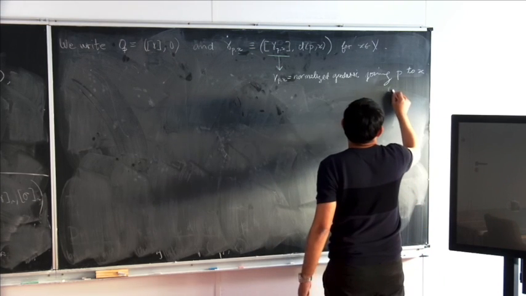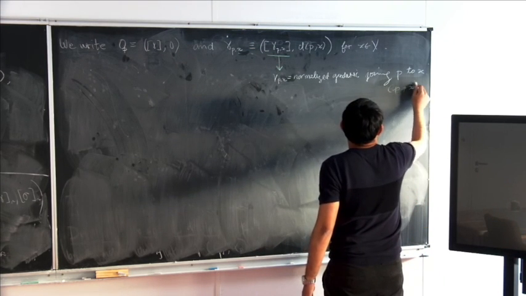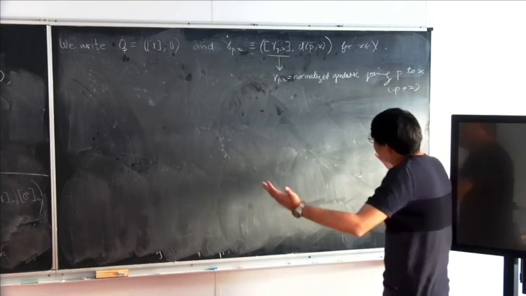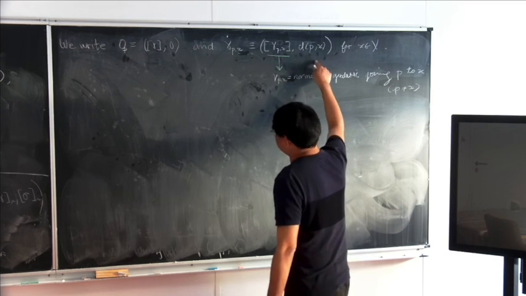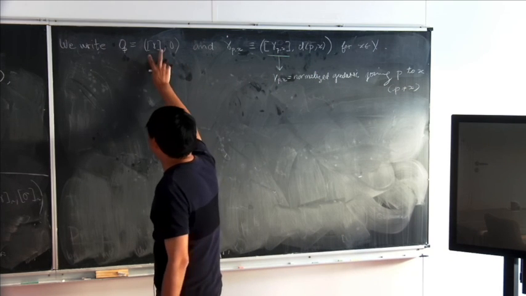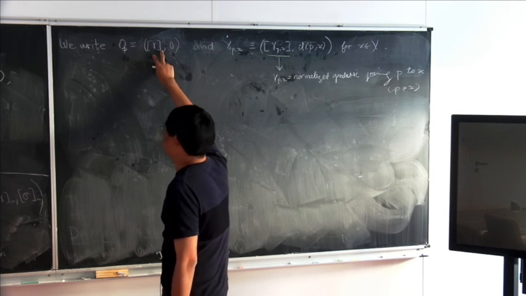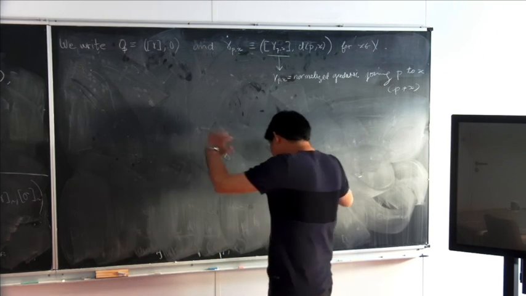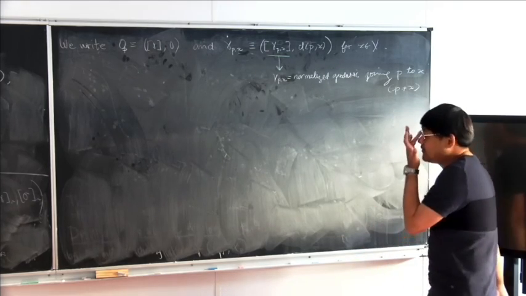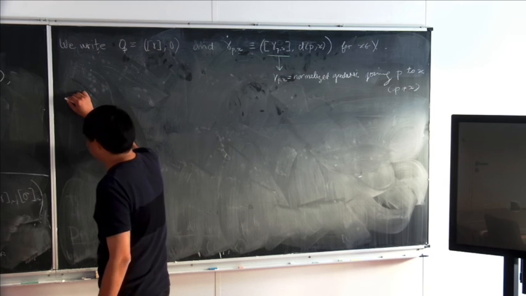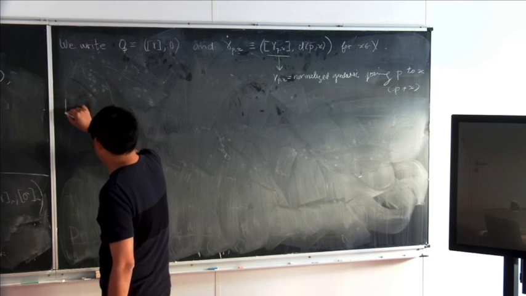So actually we require p not the same as x in order to define this class. But of course, if p equals x, this is 0, and we come back to this case, we don't care about this class anymore. Okay, so now we have the tangent space, which is the main tool of the first order theory.